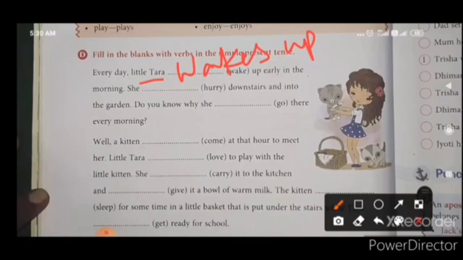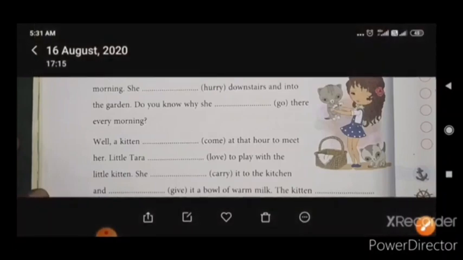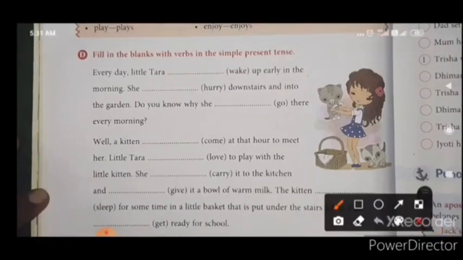Second one, she hurries downstairs and into the garden. So she. If she comes, you have to add es with the verb. See y. Before y, r is a consonant sound, so you have to remove y and add ies.